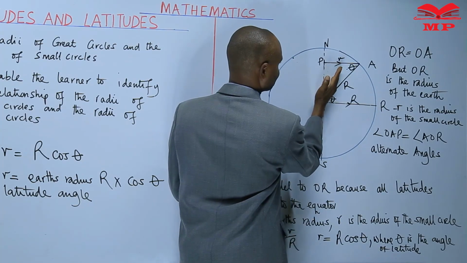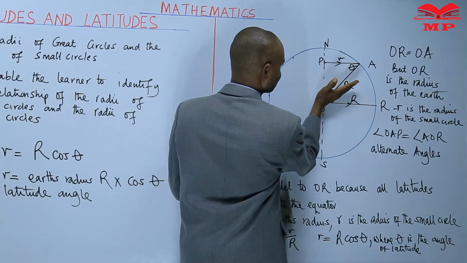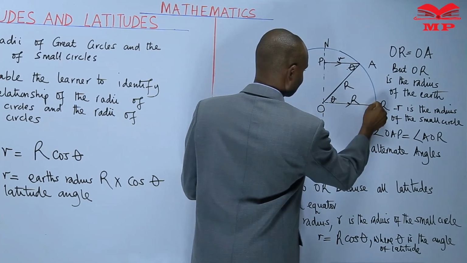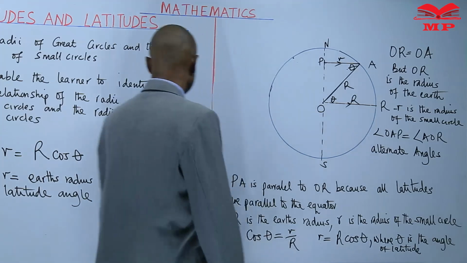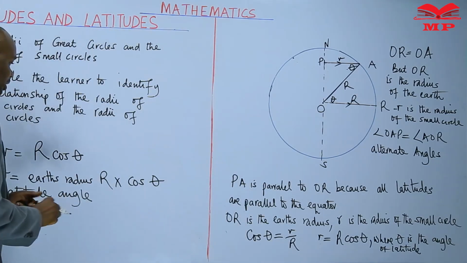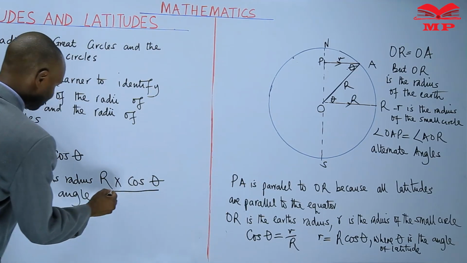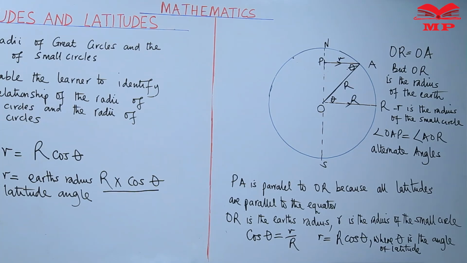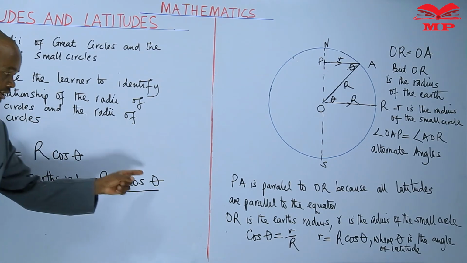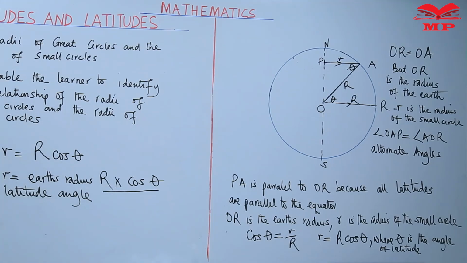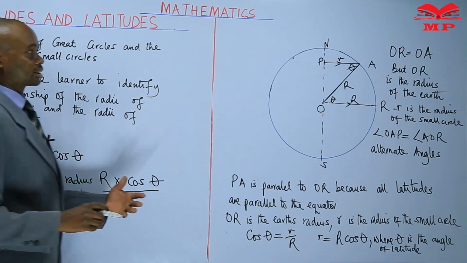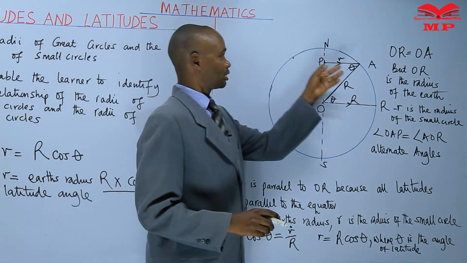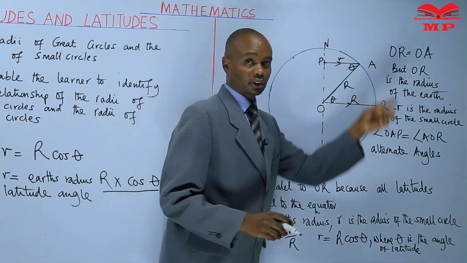Maybe if it is 70 here, it will be 60, 50, 40, until you get 10 as you move towards the equator. That will always be the relationship. To get the radius of that small circle, it will be the radius of the earth times the cosine of that angle of latitude. It's going to help you when we are getting distances on latitudes or small circles.